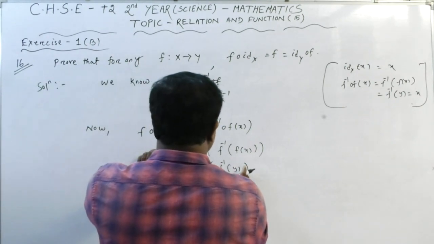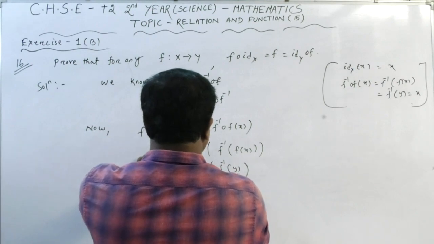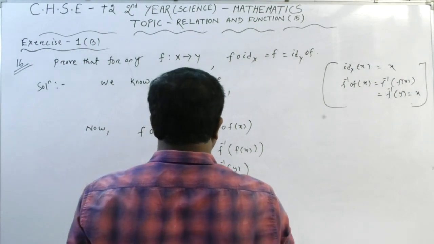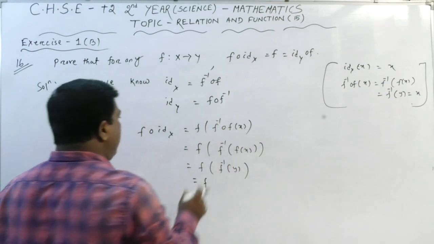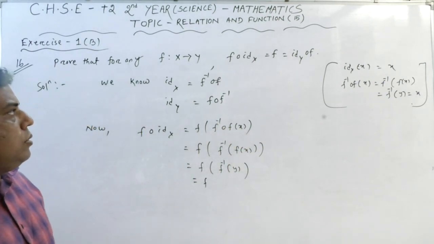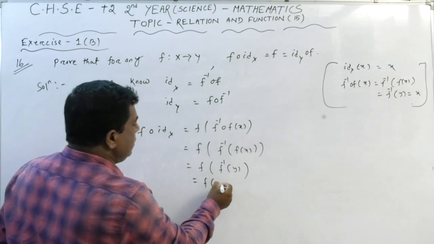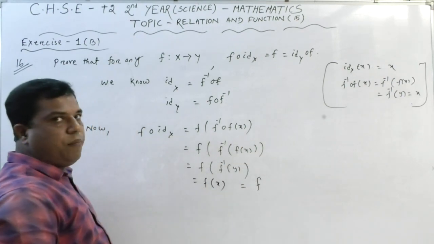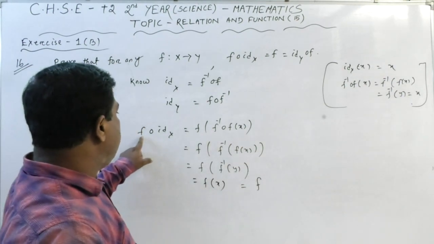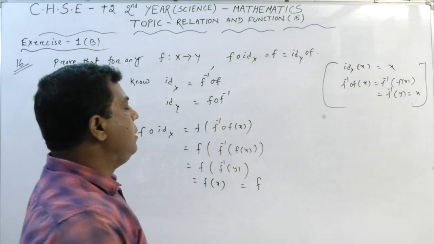It is equal to x. So you can see that what is applied on the value, we have to show the same result is there. So f inverse y is x, so it is f of x, which can be written as f. Okay, so you can say f operated on identity of x equal to f.